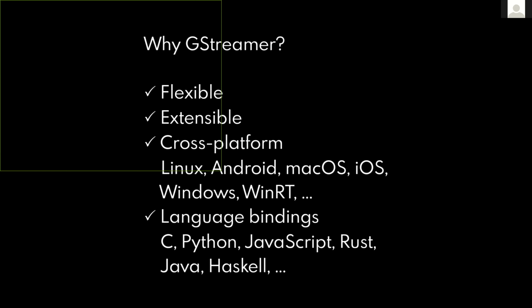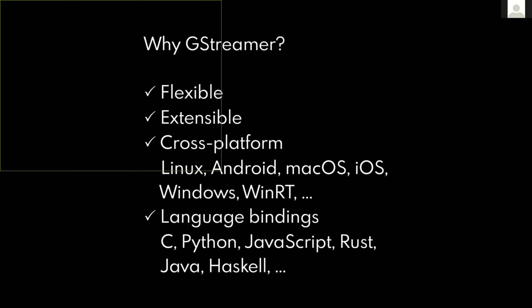So there's extensibility. I've already alluded to GStreamer being cross-platform. So it works on desktop and embedded Linux, Android, of course, macOS, iOS, Windows on desktop and mobile. So there's that aspect to it. And GStreamer itself is written in C. The project's been around for over 20 years now.